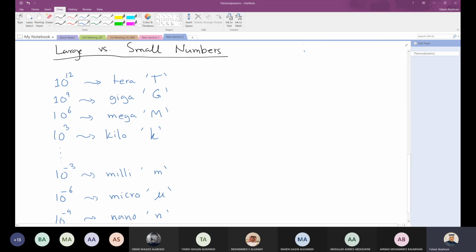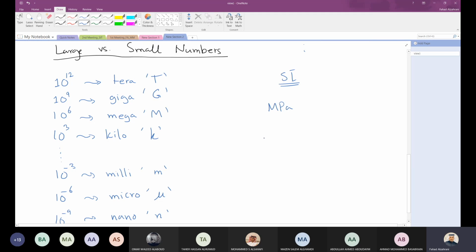So guys, when we talk about units, if we go back now to the units, when we talk about megapascal and you are solving your problem, if you are working with SI units, you need to convert everything to SI units.